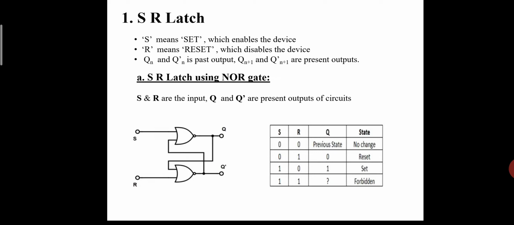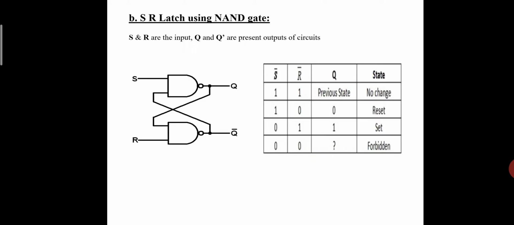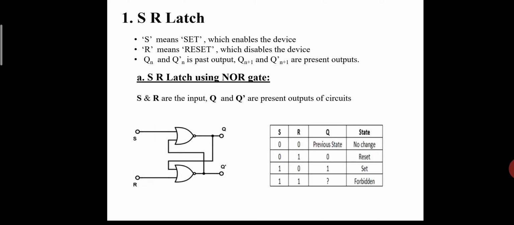For the first case, 0 0 input, in the first NOR gate the input S is 0, and similarly R is also 0. During that time we don't know what exactly the past output in Q bar is, so we may consider it as Qn bar.